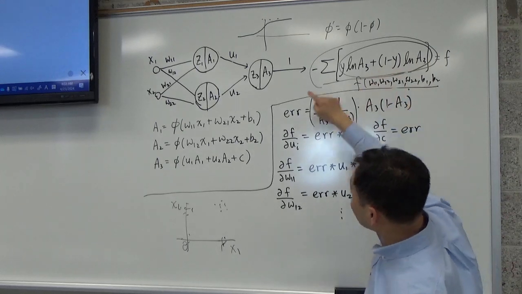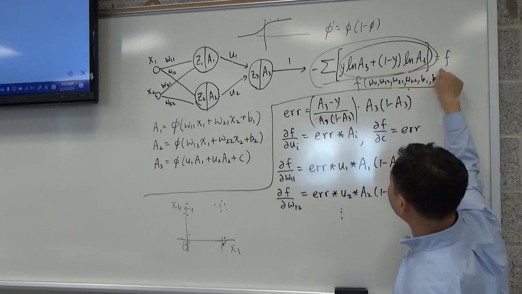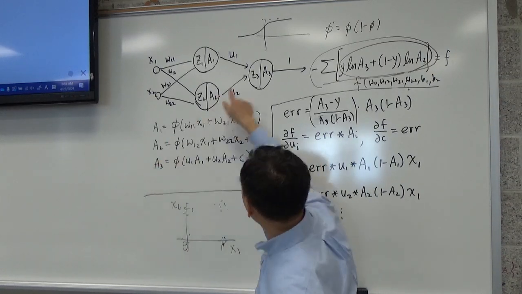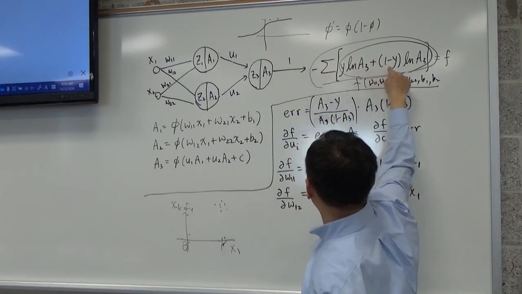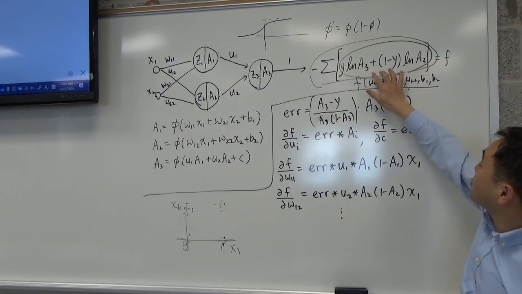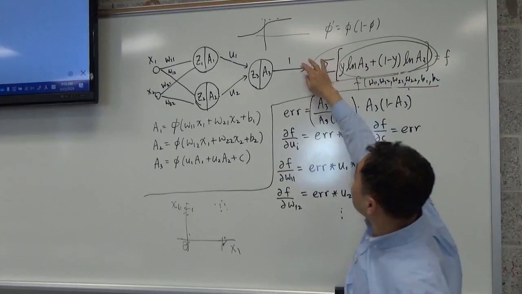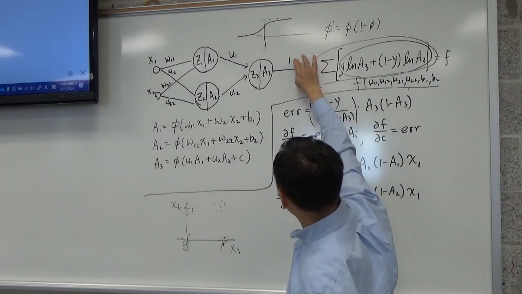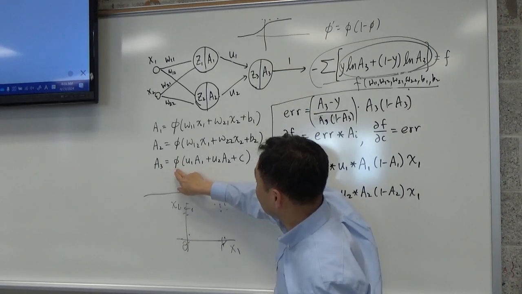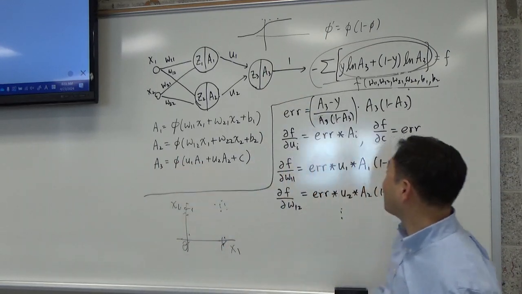And if you look at the way that c influences f, it goes through, for c, it goes to a3, and a3 goes through 1, and then goes to the function. So what we are seeing is that you just have the derivative of this thing times the weight that was used times the derivative of this function, this sigmoid. That's what's happened. Right?